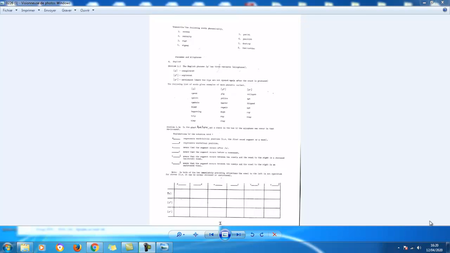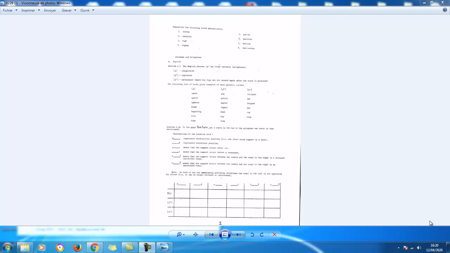One of the main points to show you through these simple examples is to try to make you aware of the difference between, first, what we call the surface form and the underlying form.